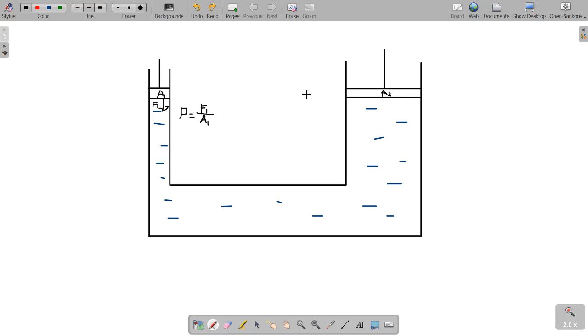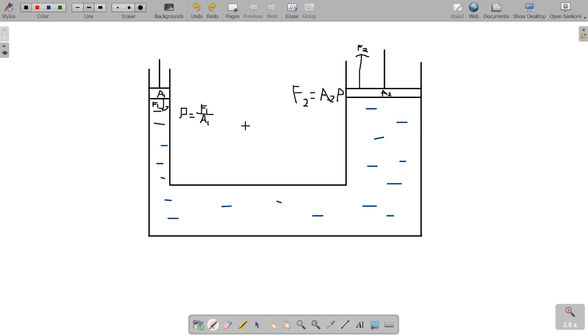Let the force exerted here be F2. Because P equals F over A, you can also say F equals PA. So we have F2 equals A2 P. Here you may notice something.